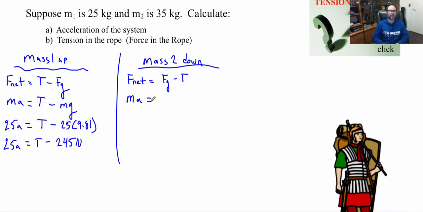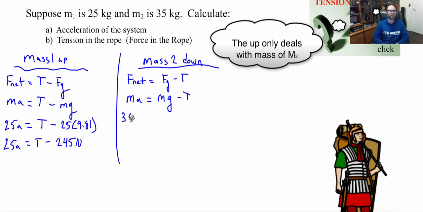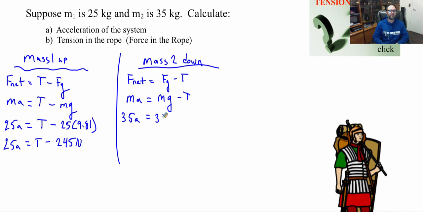In other words, my mass times acceleration, or my F net, is equal to my mass times gravity, minus the tension. So here we have a mass of 35 kilograms multiplied by acceleration is equal to 35 kilograms multiplied by 9.81 meters per second squared. Then we're going to subtract my tension. So we end up getting 35 multiplied by acceleration is equal to 343 minus my tension.